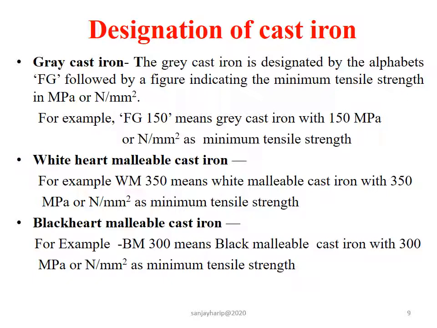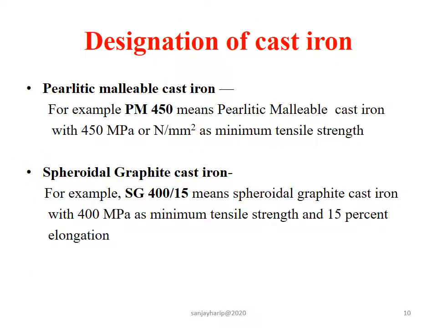Similarly, BM300, where BM stands for black heart malleable cast iron and 300 MPa is its tensile strength. Similarly, PM450, where PM is the pearlitic malleable cast iron and 450 is the tensile strength in megapascal.